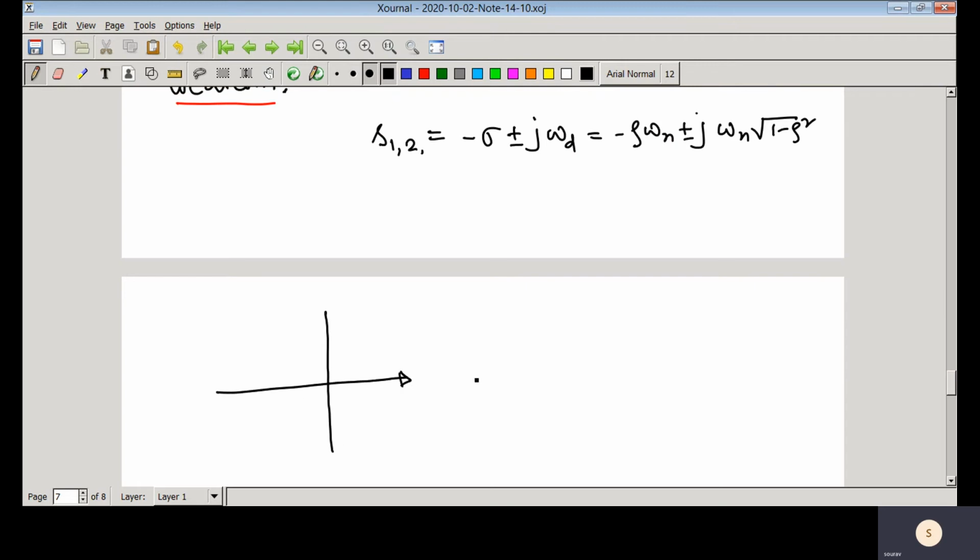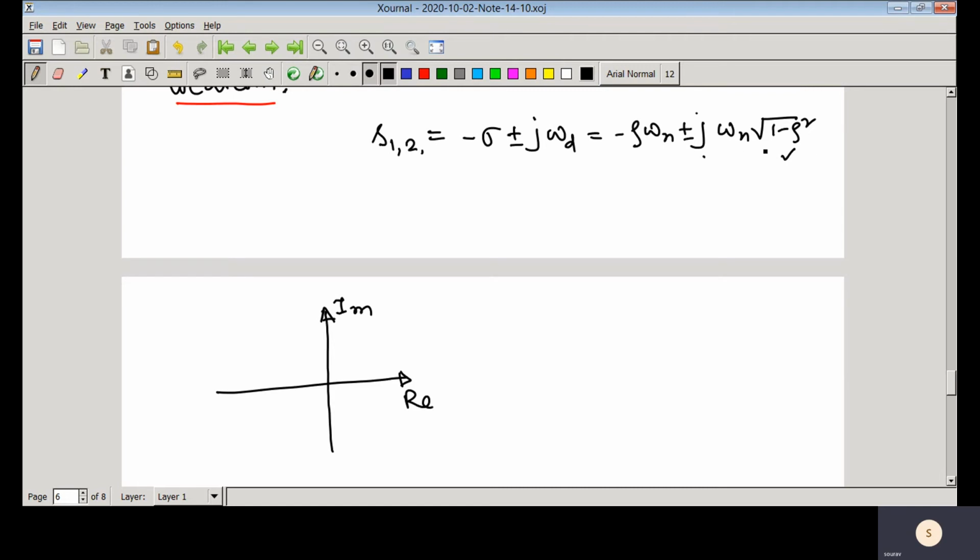So this is the complex plane, that is the real axis, and this is the imaginary axis. And we can see here that if we take j inside, we get zeta square minus 1, and zeta is greater than 1.